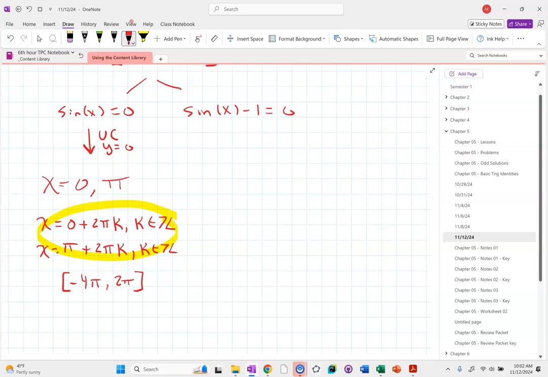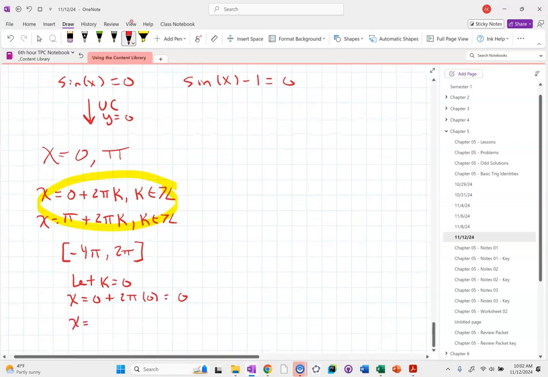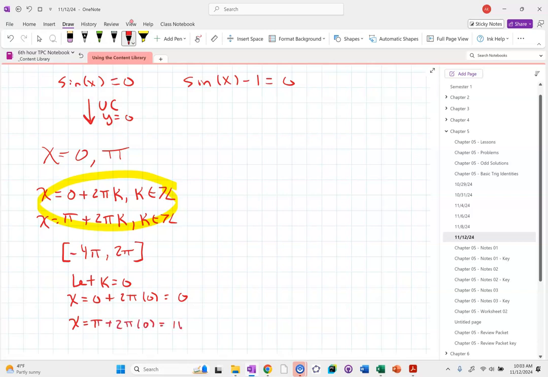So if I say let k equal 0, I get x equals 0 plus 2 pi times 0, so just 0. And I get x equals pi plus 2 pi times 0, so pi. Is 0 and pi in between negative 4 pi and positive 2 pi? Yes, right? Each of those is on that interval. So those are going to be answers.